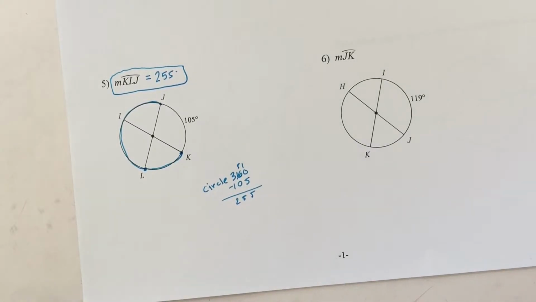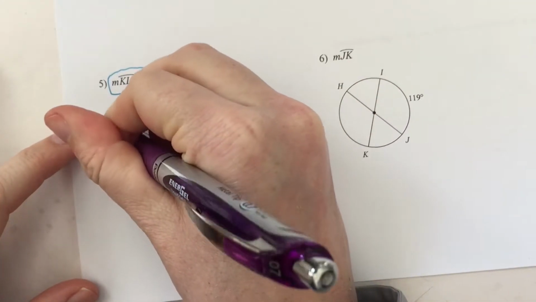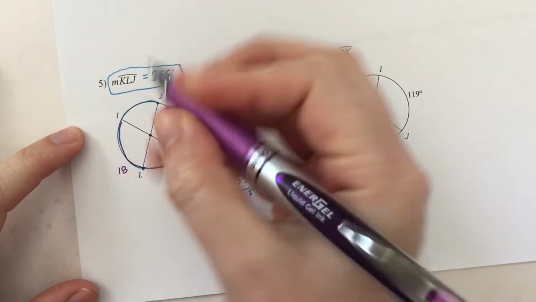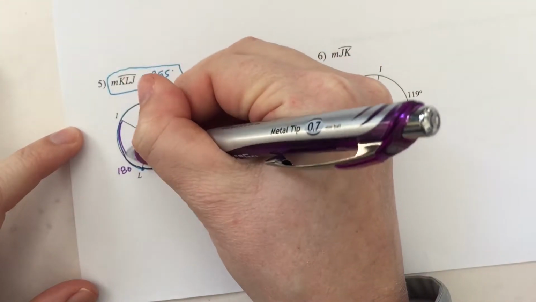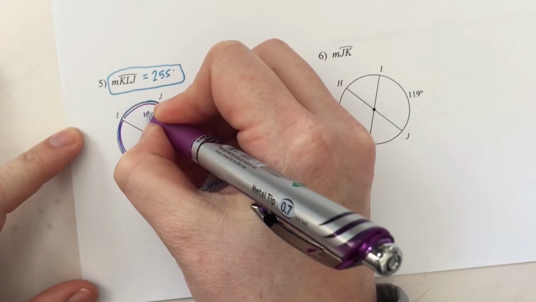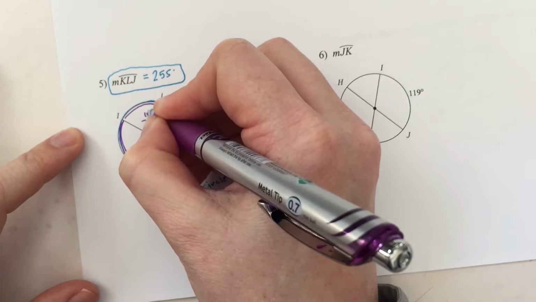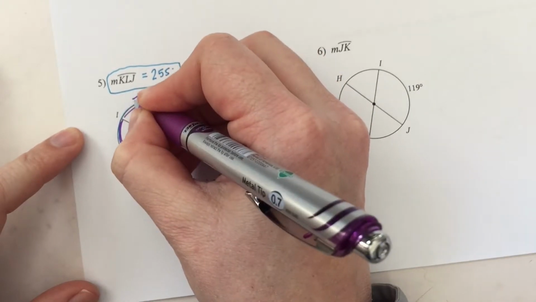A second way you can do it is if I know that this is half a circle, that would be 180, right? Half a circle is 180. Then I could find this piece by doing 180 minus 105 is 75.